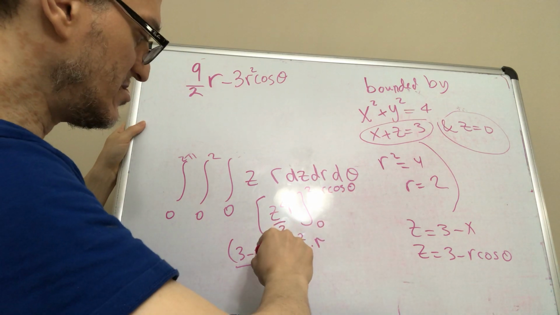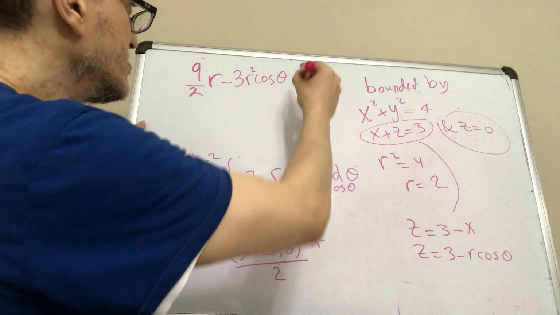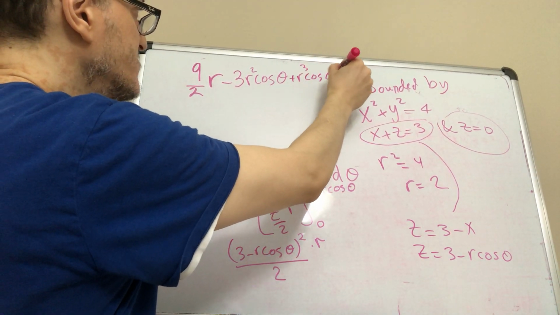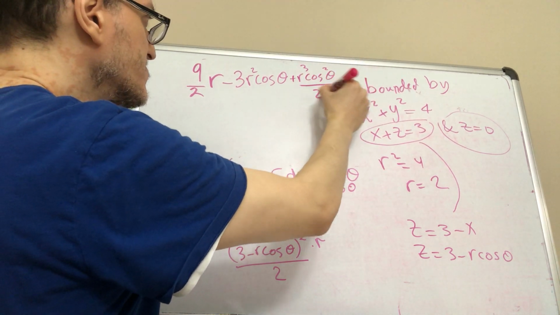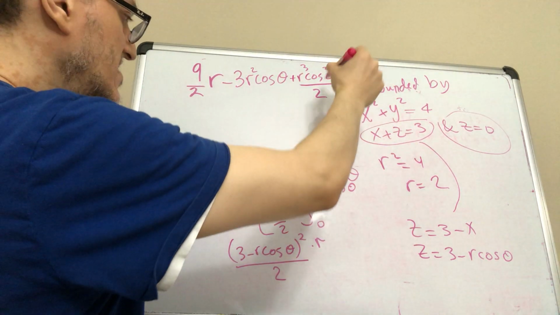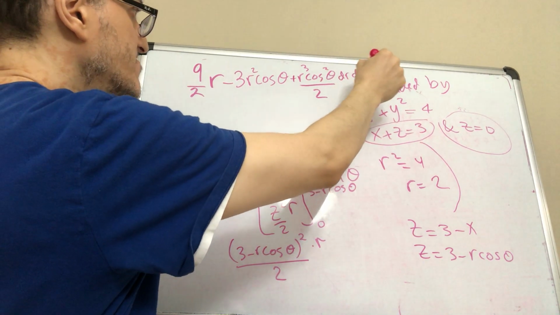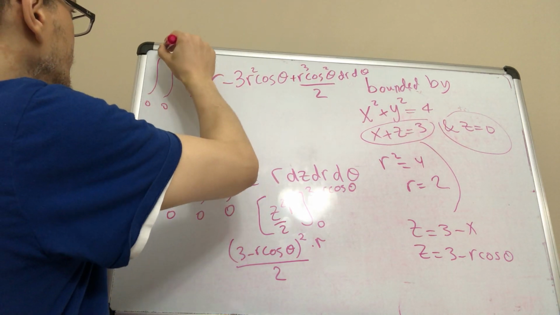And finally, you square this, would be r squared cosine squared theta, times this r would be r cubed cosine squared theta over 2. And then you still need to do this dr d theta, 0 to a complete circle.